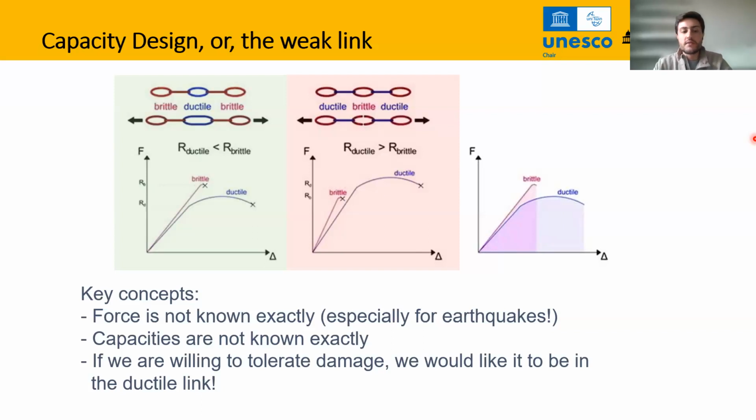The main problem is that the force that the building should withstand is not known exactly when we are thinking and designing in relation to earthquakes. We can be protected until one level, but maybe a greater earthquake can happen. So we don't know exactly what will happen in the particular region that I am building a new construction.